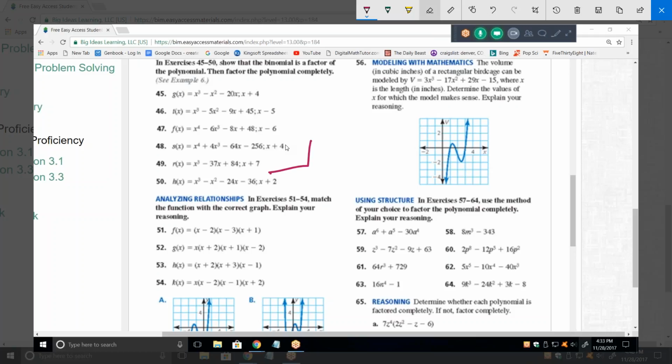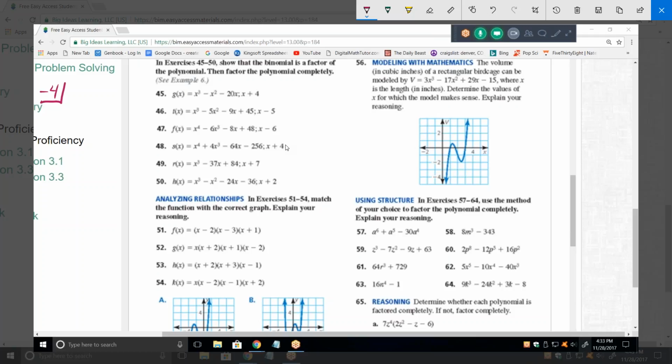So the number. Start a little bit higher so I can go top to bottom. What goes in the box? So negative 4.